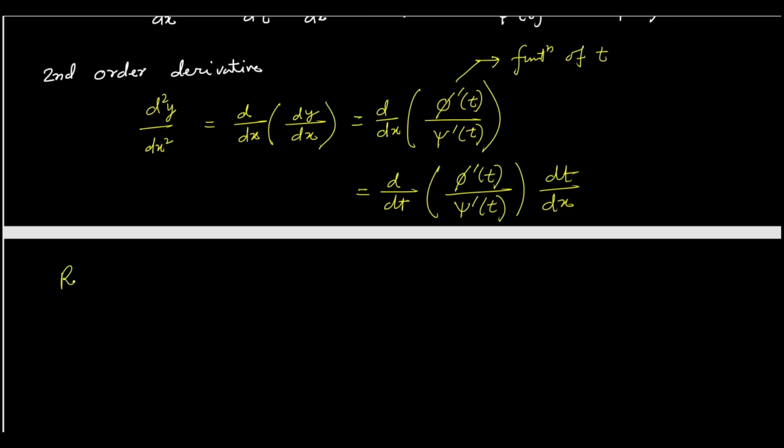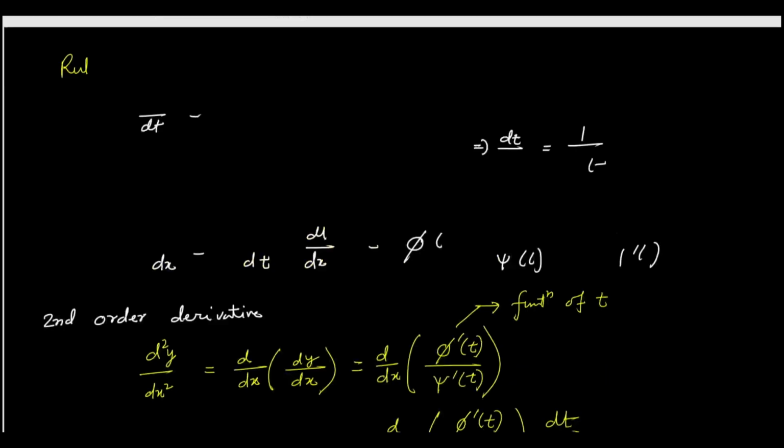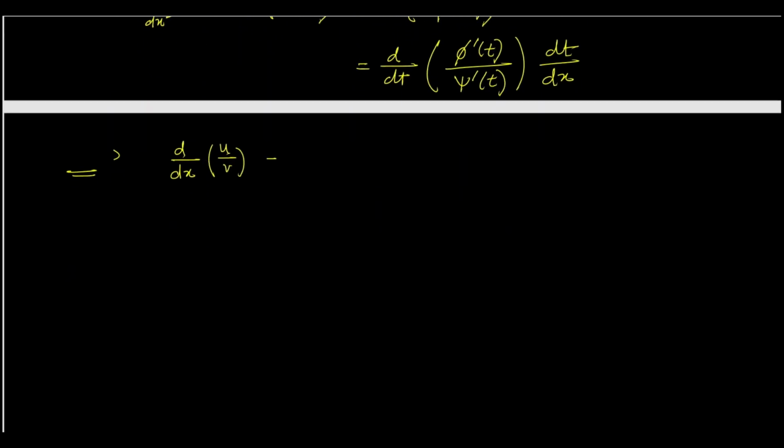So there is a rule that d dx of u over v will be (u dash v minus u v dash) over v square.